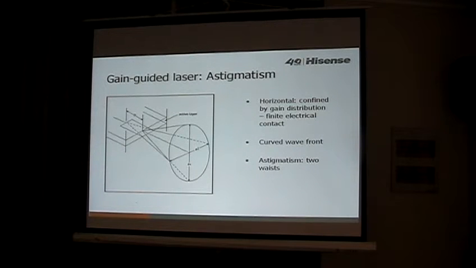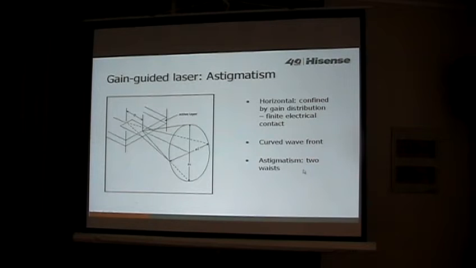So by current injection, by introducing optical gain, we can get a refractive index distribution along the horizontal direction. In the end, we get a weakly guided waveguide. But the problem with this laser is that because of this gain-guided mechanism, the wavefront is not flat and planar, it's a curved wavefront.